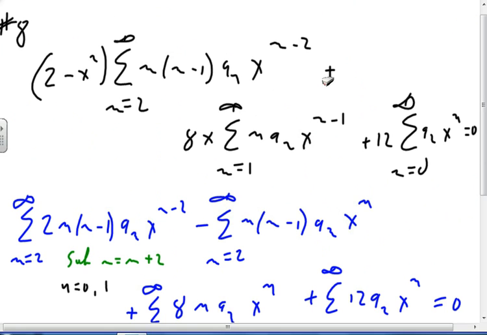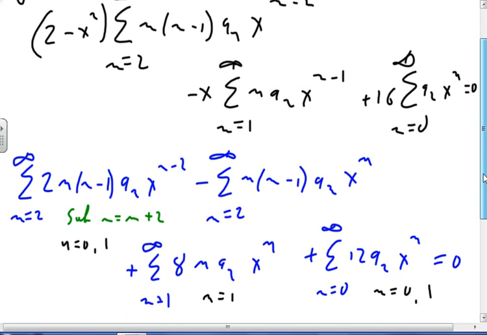So I want this to be a minus x, and I want this to be a plus 16. All right, so is that better? I hope so.